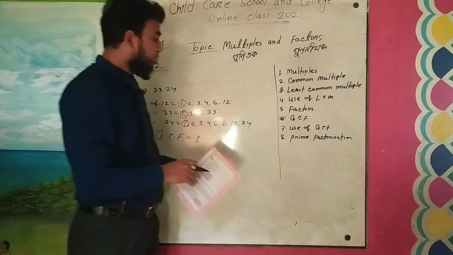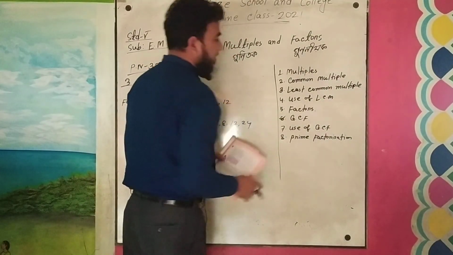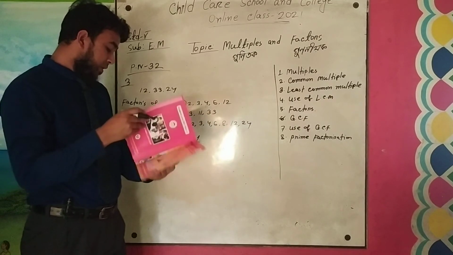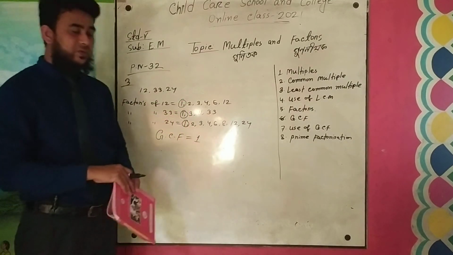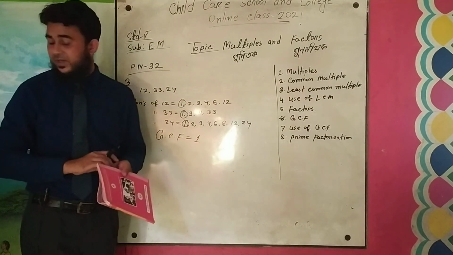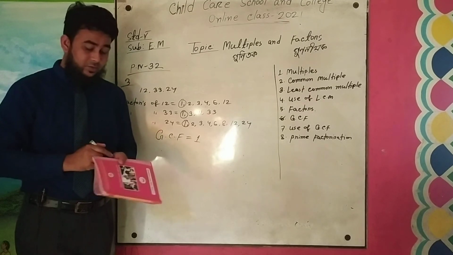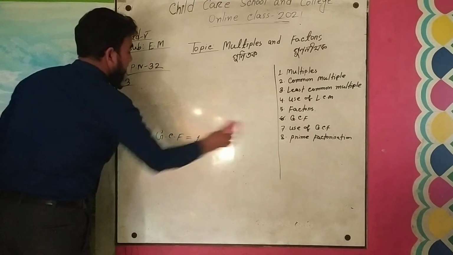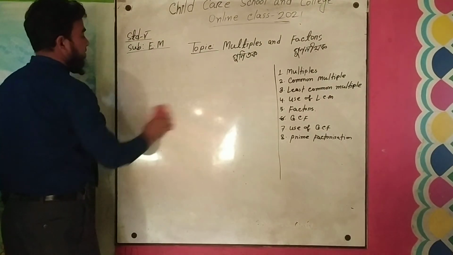Now look, prime factorization. This is most important for you. Please everyone come to page number 24. Prime factorization. At first we have to know what is a prime factor. Already you have learned about this in your previous class.